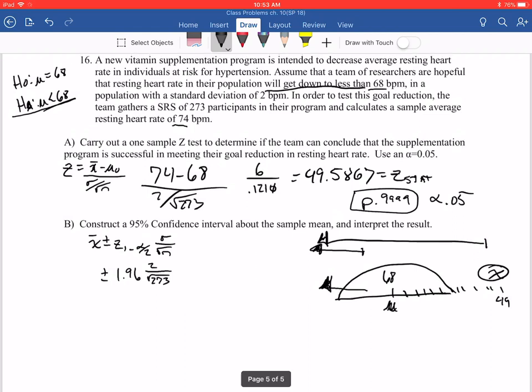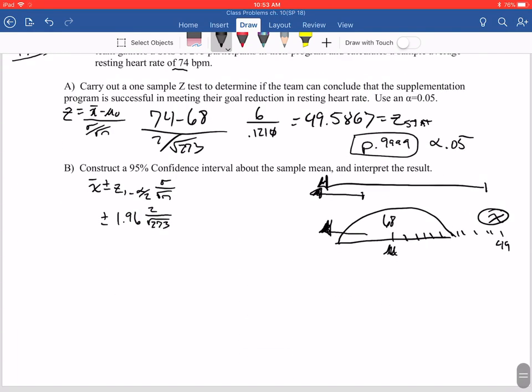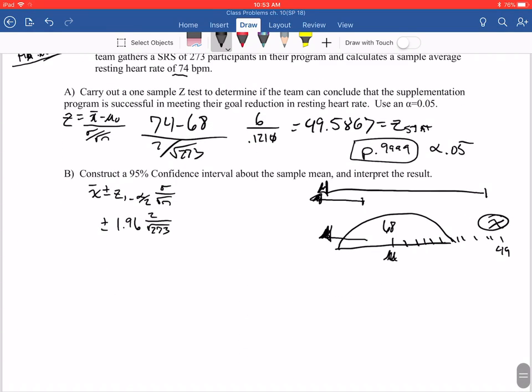Once again, you can also show this when you interpret your confidence interval. When you construct your confidence interval, you have your 74 plus or minus 1.96 times the standard error, and you're going to get a confidence interval of 73.7628 to 74.2372.